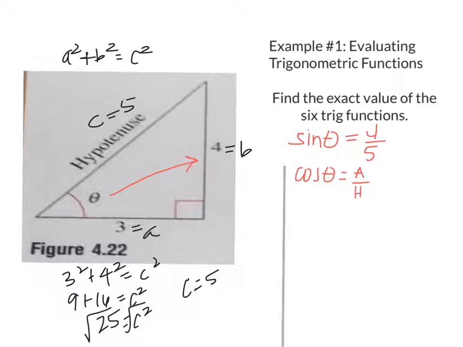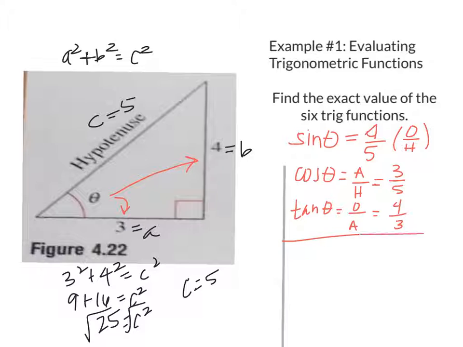I'll actually write these reminders out. I don't know why I didn't do it the last time. Remember that sine was opposite over hypotenuse. Adjacent over hypotenuse, and the adjacent side is the side next to theta, so that would be 3 over 5. Then we have tangent theta. Tangent is opposite over adjacent, Sohcahtoa, so OA. Opposite over adjacent would be 4/3.